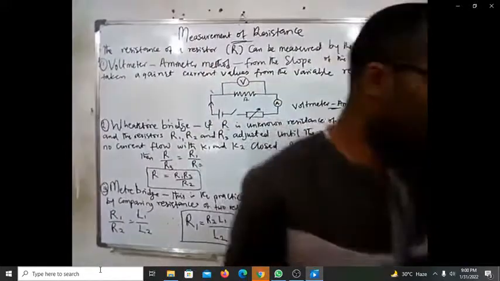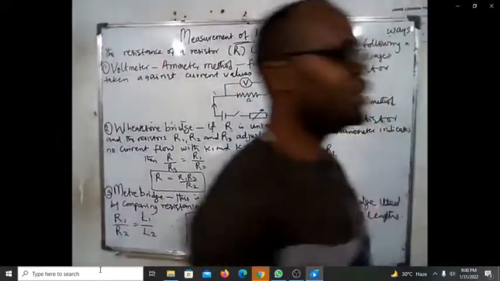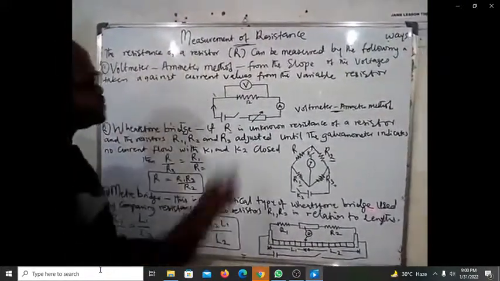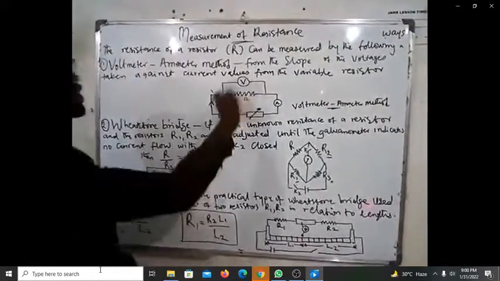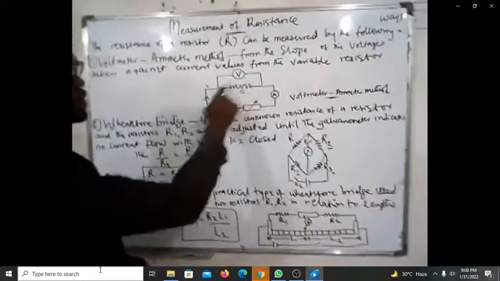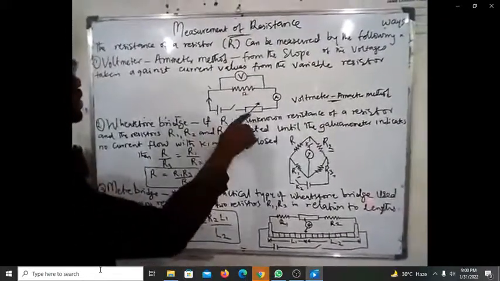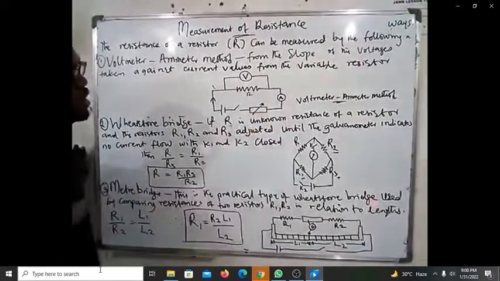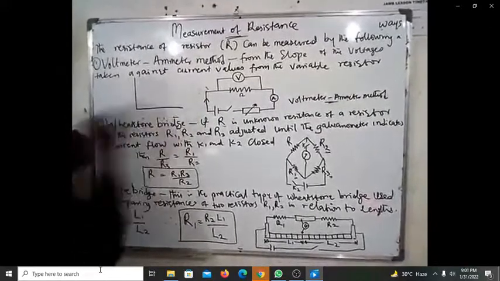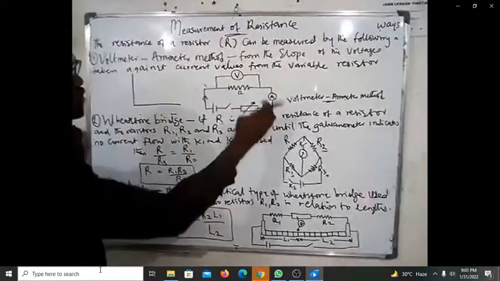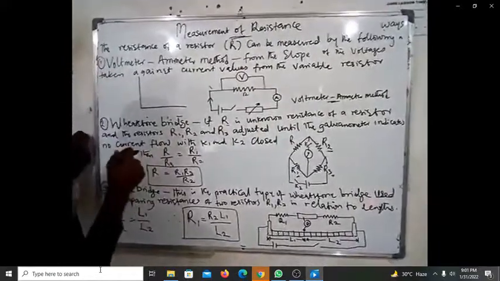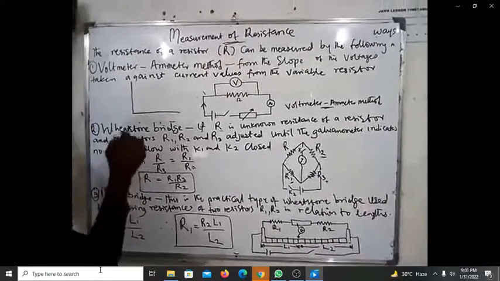So I'm going to explain all these different ways of measuring resistance. Number one is that we can use voltmeter-ammeter method, and this is the setup. You have an electric circuit. This is the voltmeter measuring the voltage across the terminals, and this is the ammeter measuring the current. So if you have a graph where you plot the values from the ammeter reading and the voltmeter reading as you vary the variable resistor, you're going to have something like this.